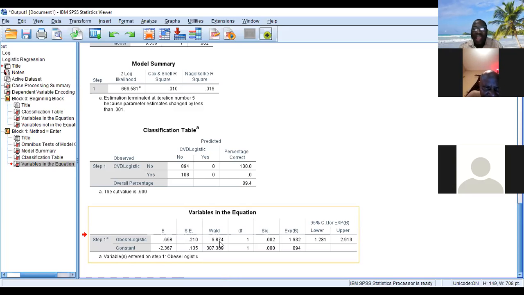It's a chi-square, and since the degree of freedom is 1, the critical value for chi-square with 1 degree of freedom is 3.84. So if you calculate it and it is less than that, it will not be significant. And if somebody has said that it's significant, you know that he has told a lie.